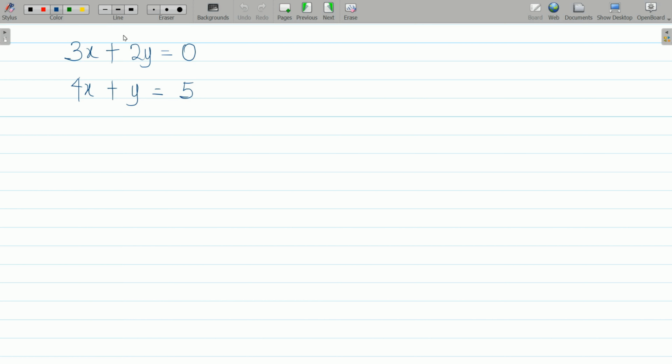3x plus 2y equals 0. x plus y equals 5. Here we can form equation 3 from equation 2. Since equation 2 already isolates y, I would want to use it instead of equation 1, which will only provide me with a fraction.